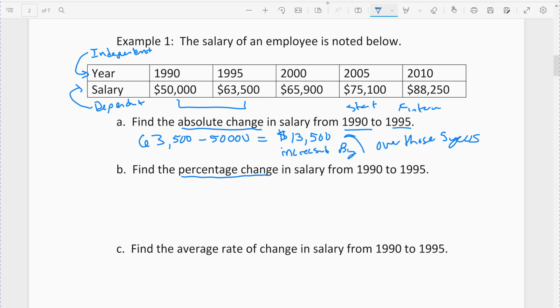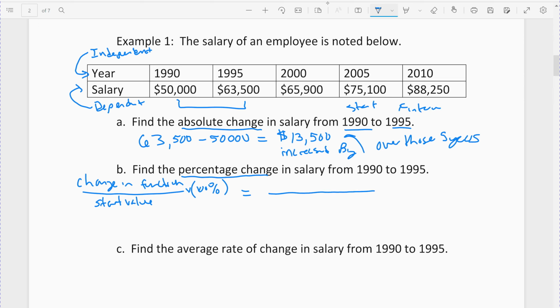The percent change, remember, is the change in the function, the absolute change, divided by your starting value, times 100%.